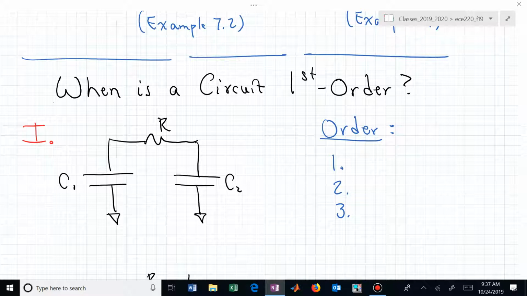I now ask you, what's the order of this circuit? At the count of 3, I want you to show me your fingers. Show me your answer. Okay? 1, 2, 3. And I think I misled you, didn't I? Everybody's saying 2 because there's 2 energy storage devices.